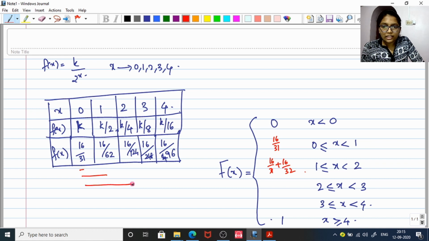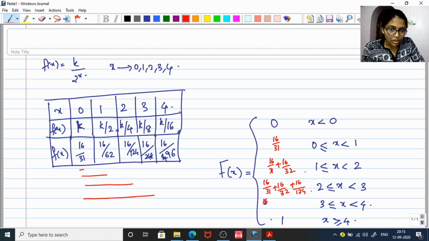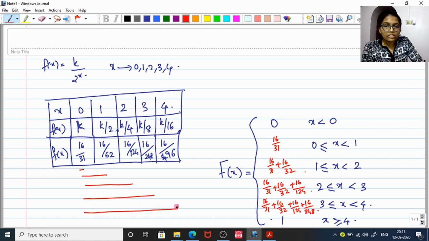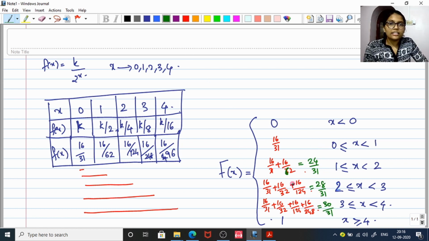And thirdly you have to add the first 3 rows, that is 16 by 31 plus 16 by 62 plus 16 by 124. And fourth one is add the first 4 columns, 16 by 31, 16 by 62, 16 by 124 plus 16 by 248. And lastly, of course, you have to add all the 5 numbers. Definitely you are going to get 1 only. Now simplify and get the values. So these are the values.